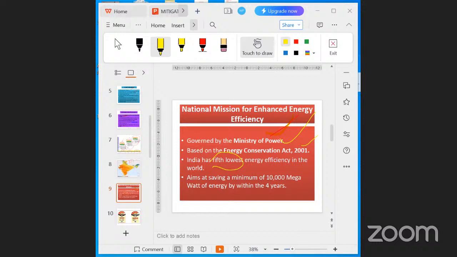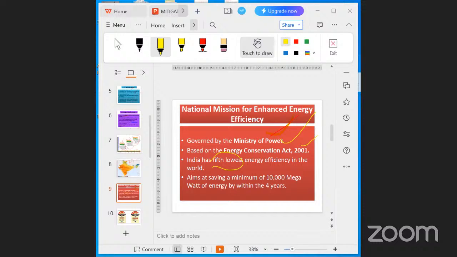So what is the aim of this mission? This mission is to strengthen the market for energy efficiency in the country by creating a conducive regulatory architecture, and for fostering innovation and sustainable business models in the energy efficiency sector.